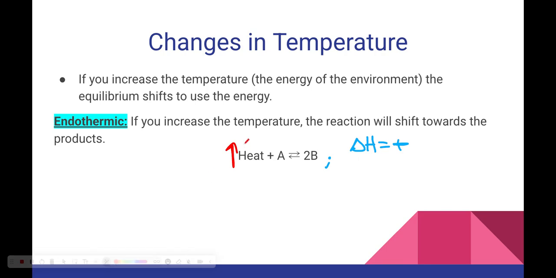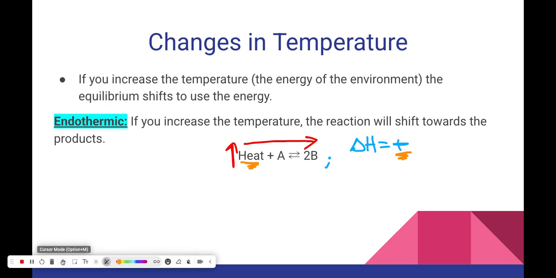It responds by shifting to the products. And why is that? Well, delta H is positive, and when delta H is positive, we can think of heat energy as essentially a reactant. It's going into the system. If we increase that heat, we put more energy into the system, we drive the forward reaction, so the equilibrium shifts to the products, okay?